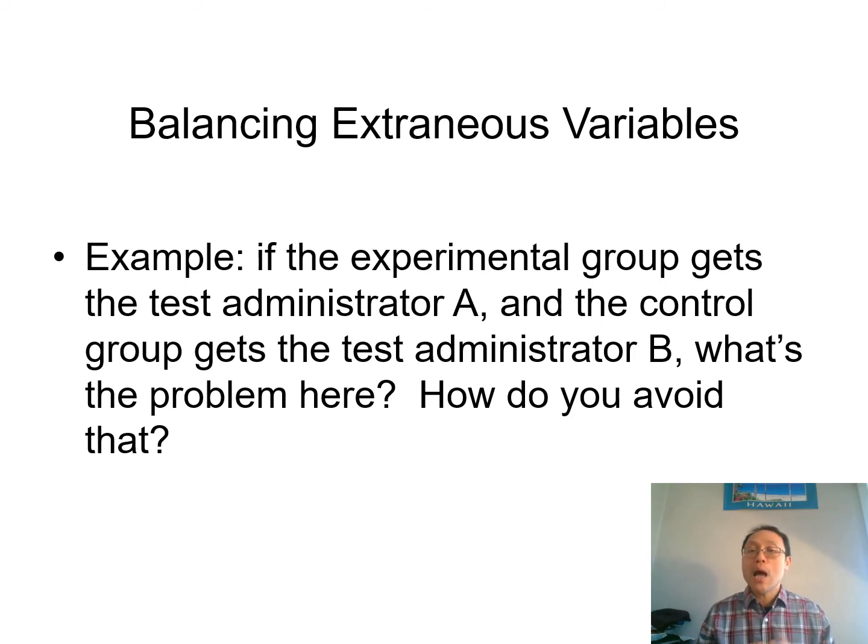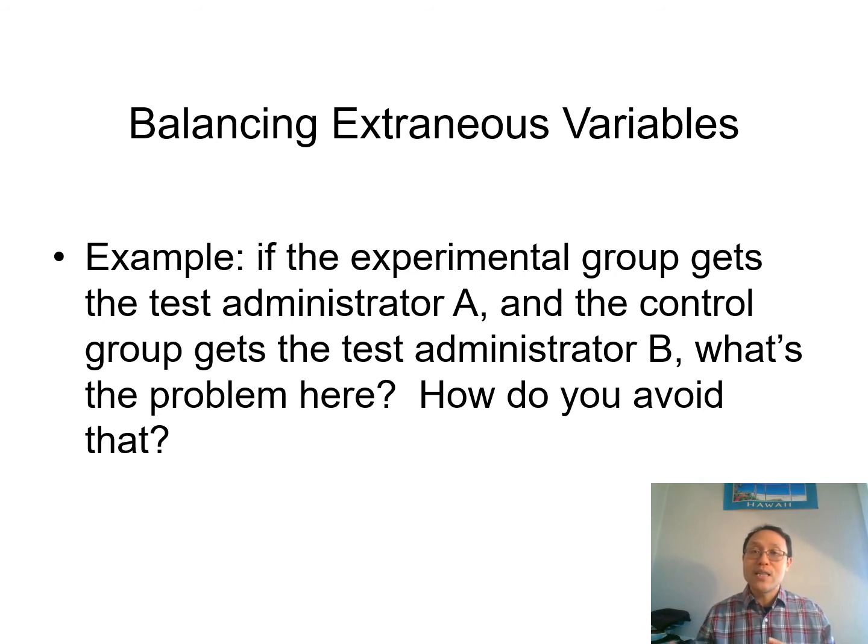How would you avoid this? Well, you can have half of the experimental group get administrator A and half of the experimental group get administrator B, and do the same thing for the control group. Therefore, half the experimental and half the control group get both administrator A and administrator B. In this way, this effect gets balanced out.